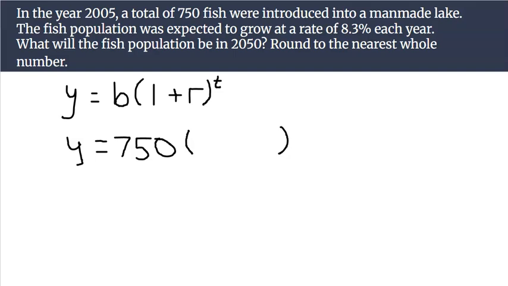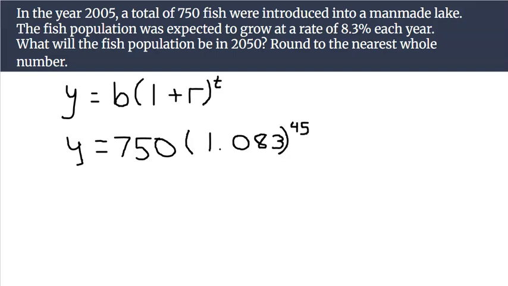1 plus the rate, I'll just add it automatically, is 1.083, because that's the result of adding 1 plus the decimal of 8.3%. And then the exponent is the number of years that went by. From 2005 to 2050, that's 45 years.